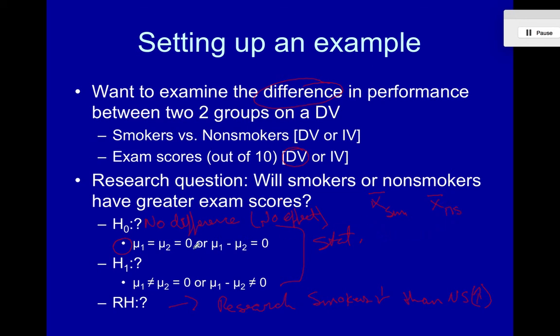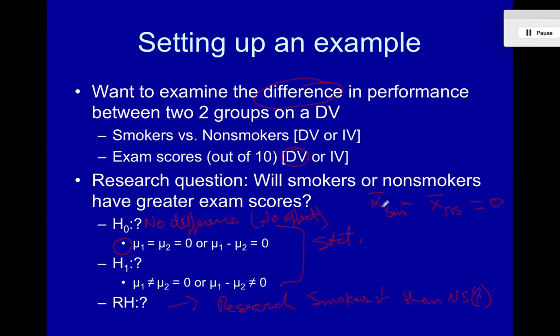So what is the null hypothesis going to predict? The null hypothesis is going to predict that the difference between my smokers and my non-smokers, so if I look at X bar minus X bar, the difference between smokers and non-smokers, would be equal to 0. Okay, but since X bar represents a sample statistic, remember that I have to have a population parameter associated with it.